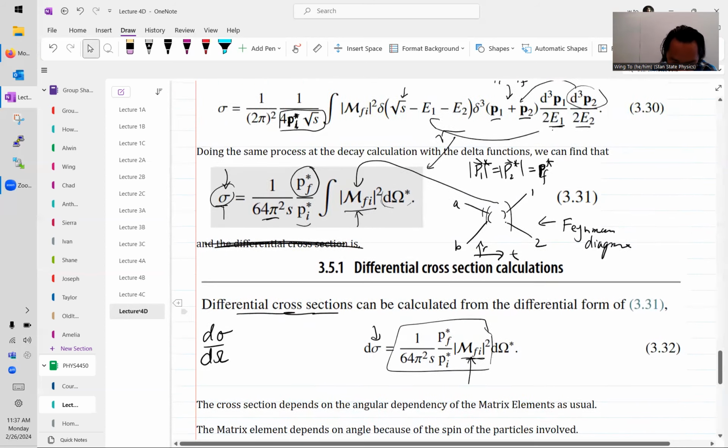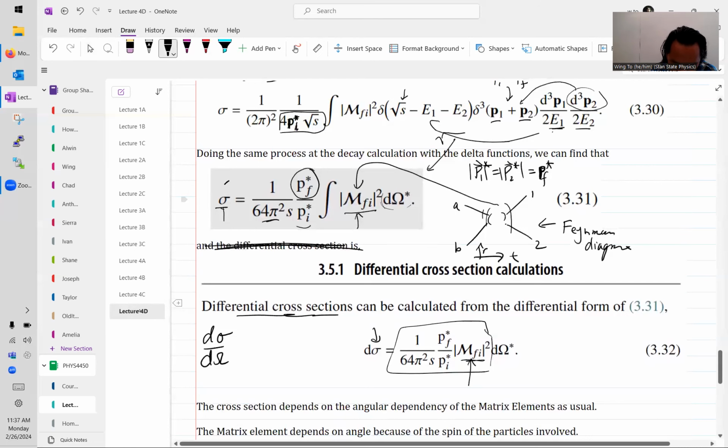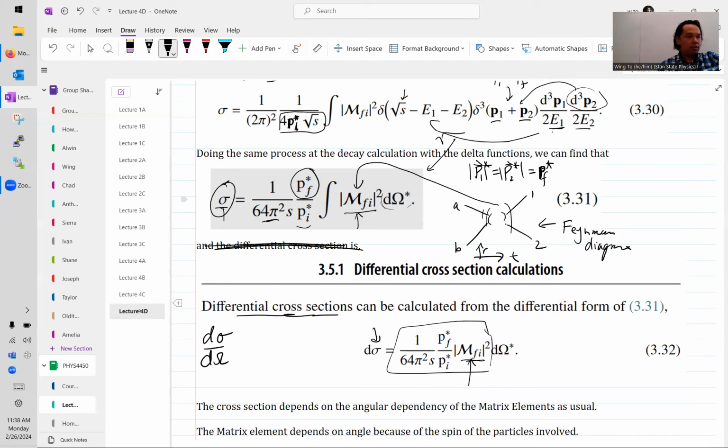Because if you measure just the total cross section, up here, you wash out all the angular dependence, which is useful, right? So if you're trying to smash protons and protons together, you don't actually care which process happened. You just want to smash them together and make other stuff, right?